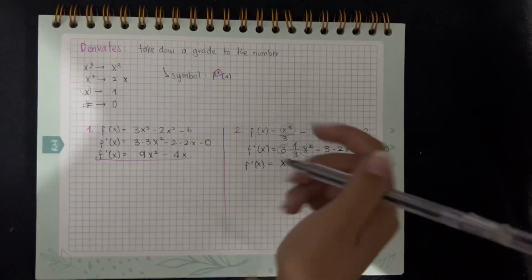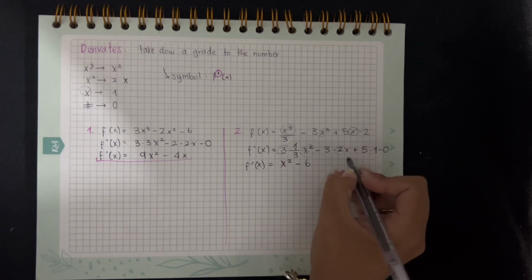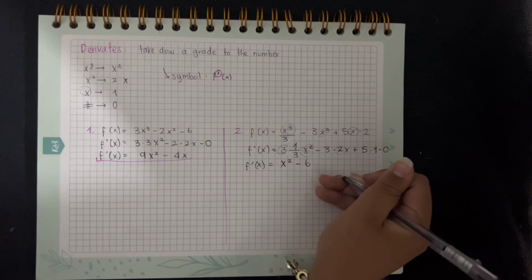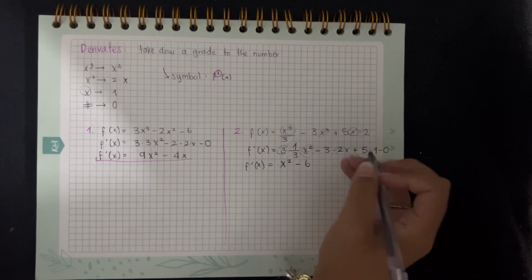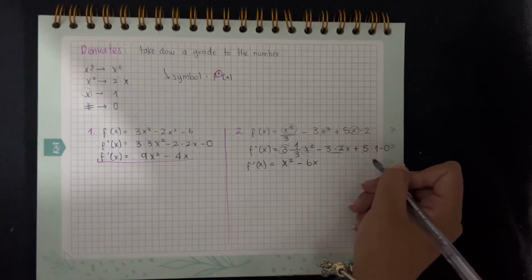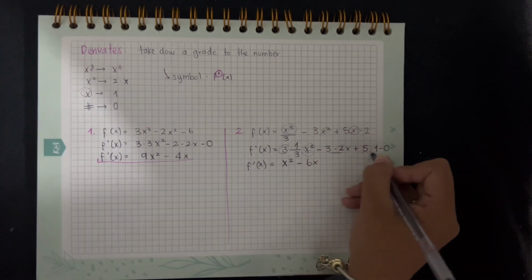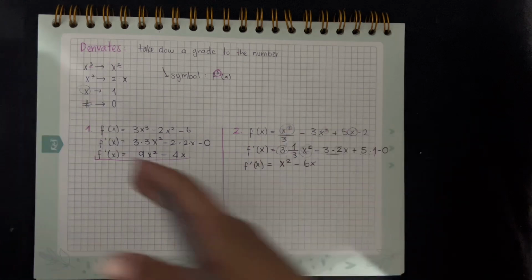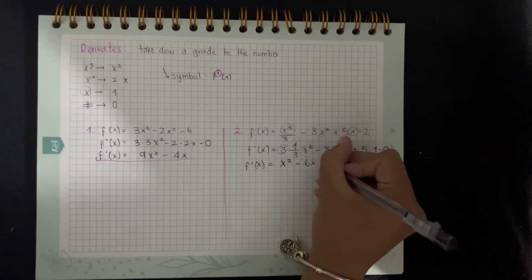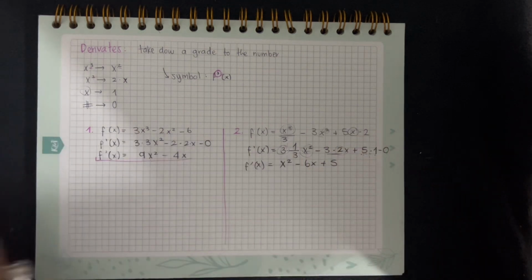So 6, and we can see now that as we just did that, it will be 6x. Now we can see that 5 times 1 is 5, so it doesn't change. Minus 0 is still 5, so we put plus 5. And that will be our derivative.